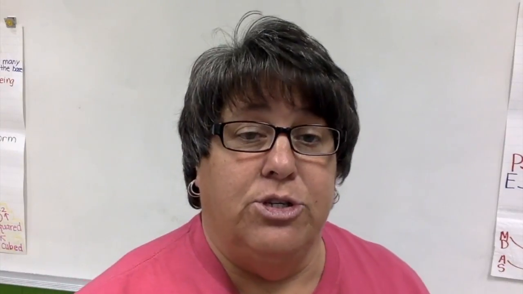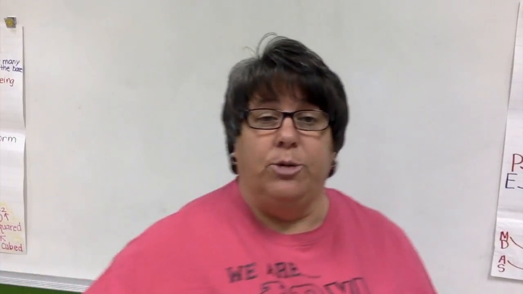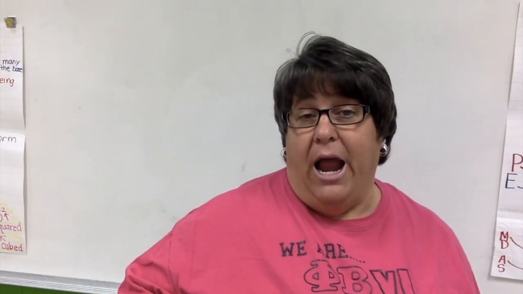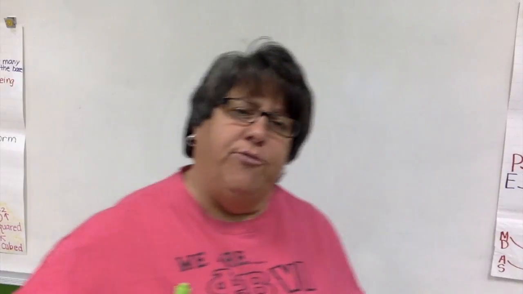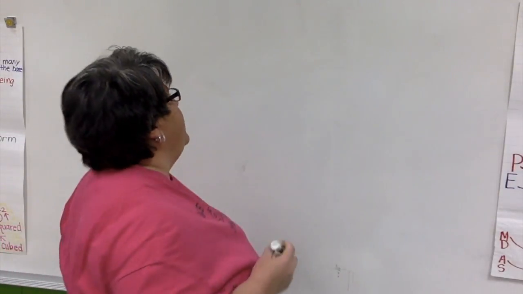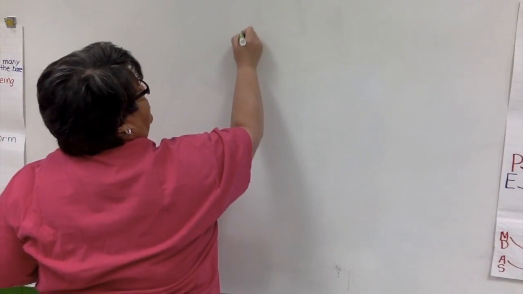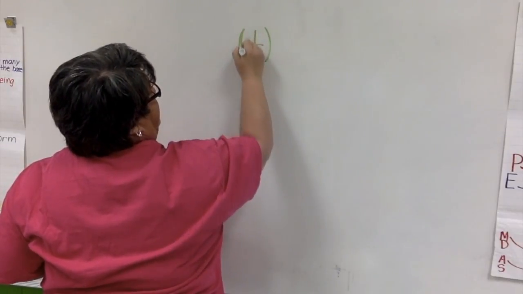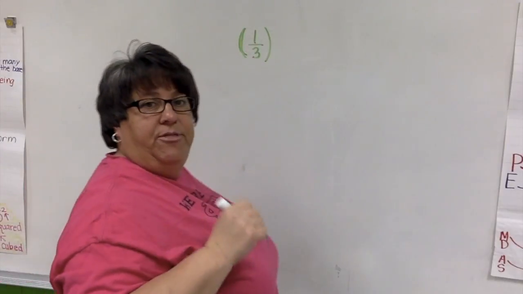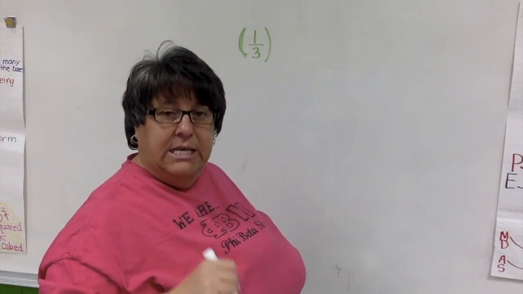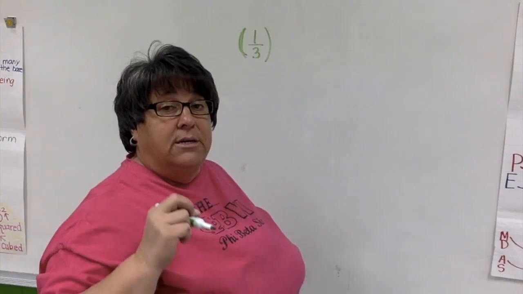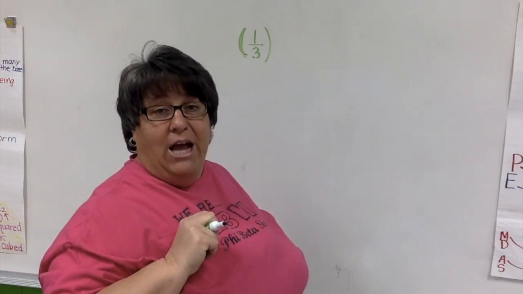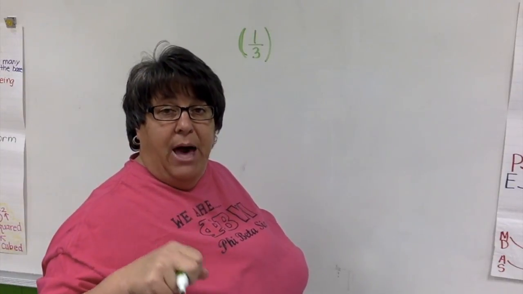Something you didn't do in 5th grade that you will have to do in 6th grade is to solve an exponent where the base could be a decimal or a fraction. Let's look at a fraction with an exponent. Let's do 1/3, and I'm putting it in parentheses because if the fraction is in parentheses, that means that you're taking the whole fraction and multiplying it by itself.